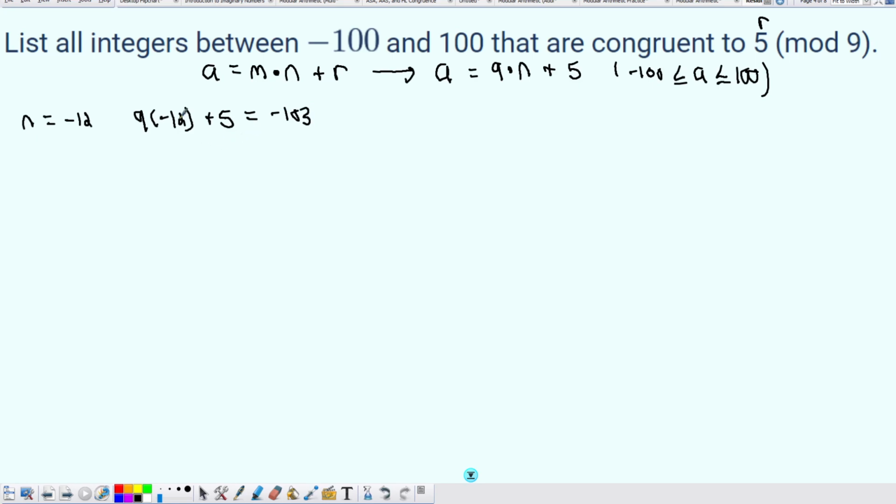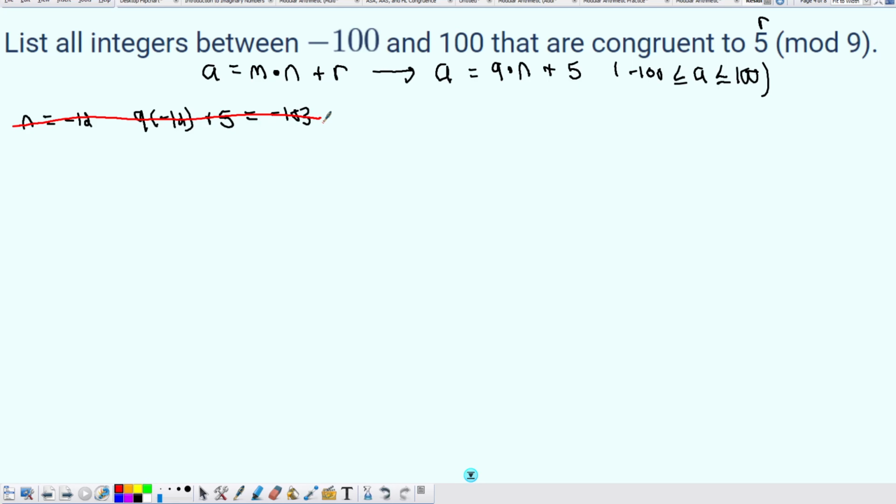But this negative 103 is less than negative 100, so we actually cannot use this because our value for A is just too low.